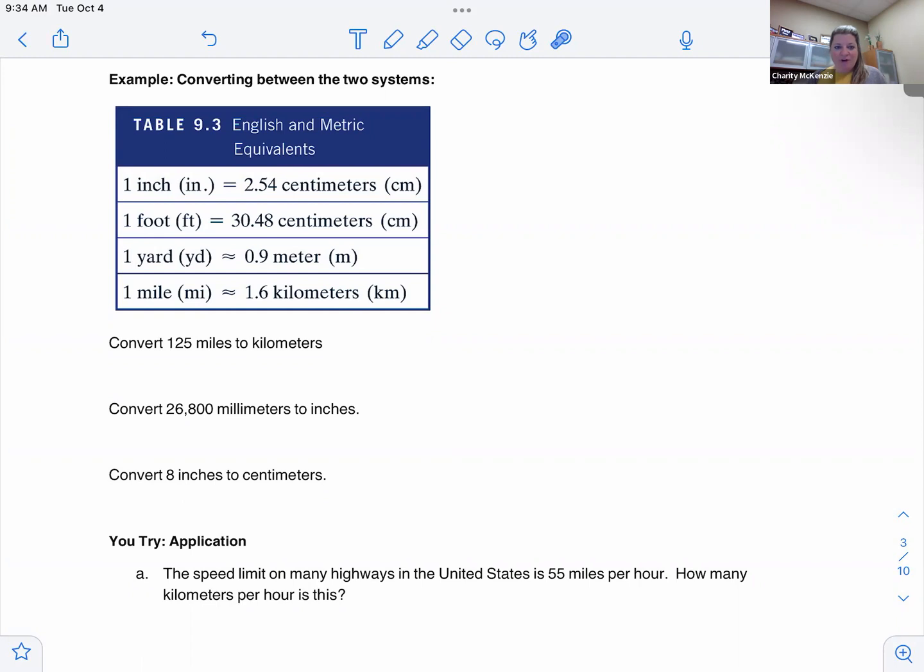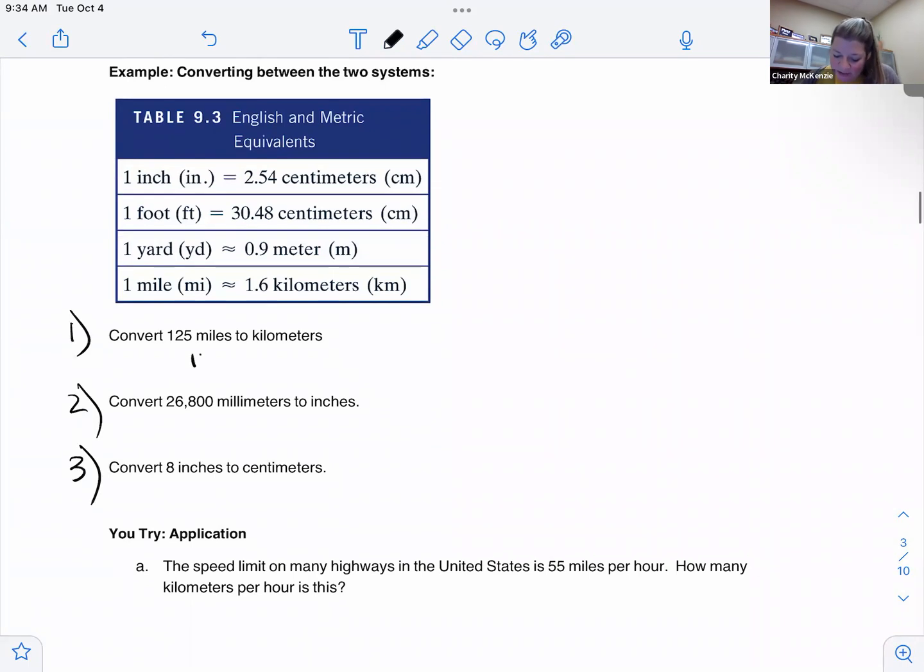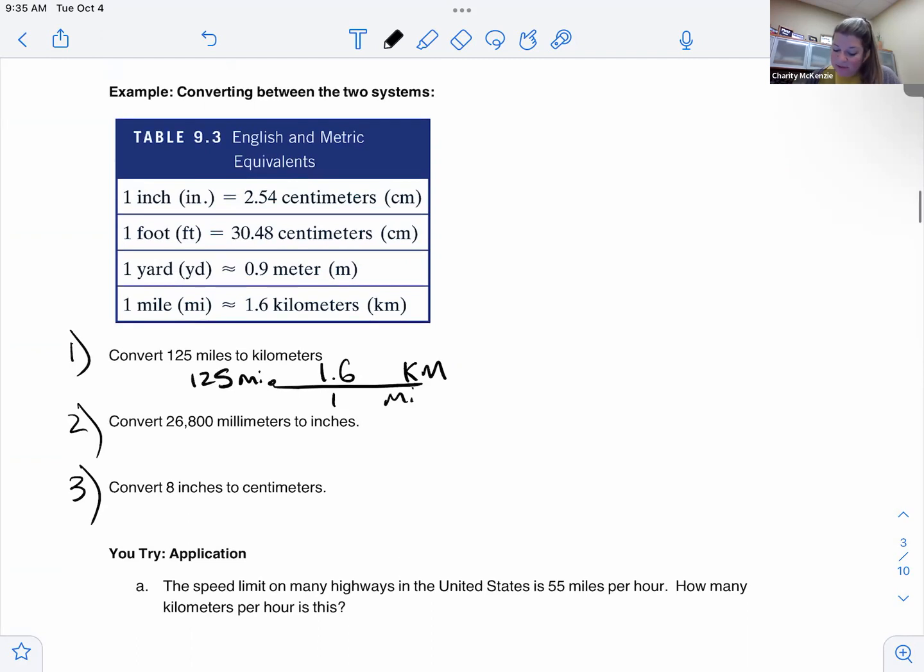All right, what if we're converting 125 miles to kilometers? We'll call this problem 1 again. I don't like it not being labeled. 1, 2, 3. All right, so this is 125 miles, and you would like it to go to kilometers, and we know there's 1.6 kilometers in 1 mile, so same idea, the miles will cancel, and we'll be timesing those together.